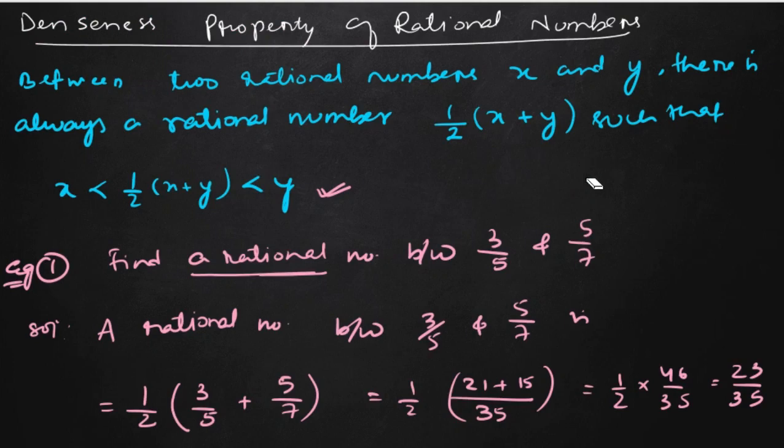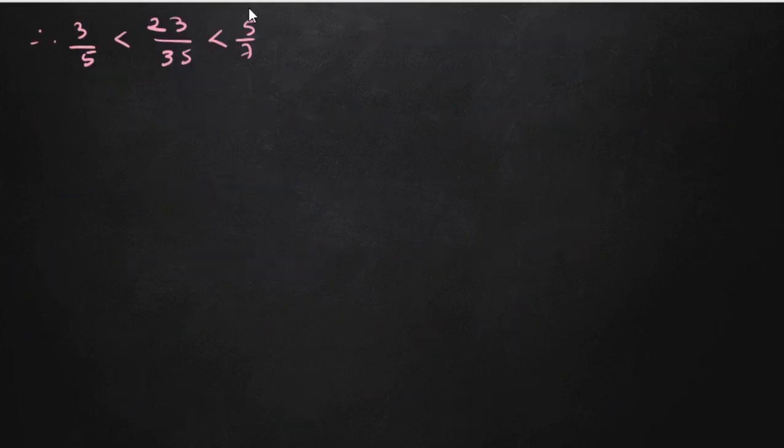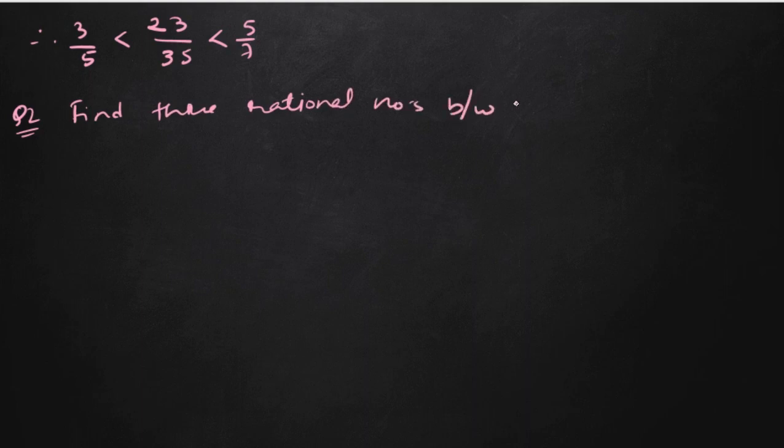So similarly, we can find two rational numbers also, or three rational numbers also. So if we see example number 2, the question is: find three rational numbers between 3 and 4. Solution.